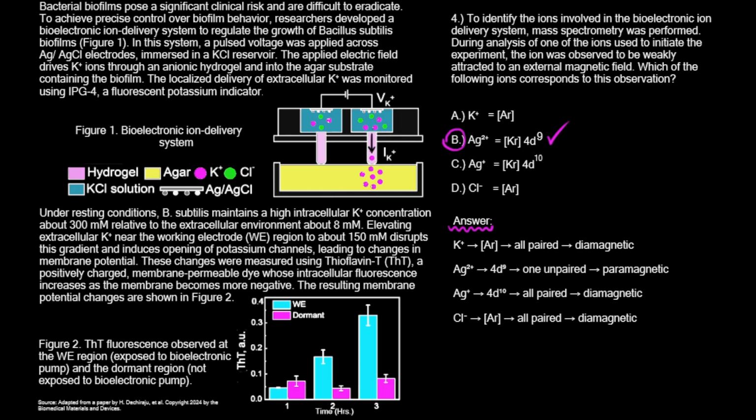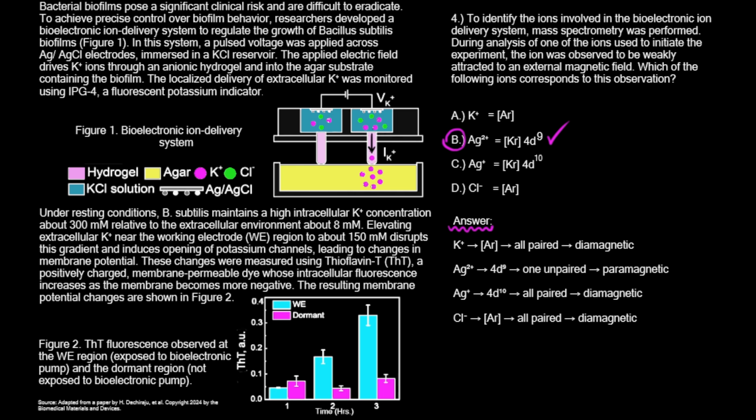Ag2+, however, loses 2 electrons. Removing 2 electrons from silver leaves a 4d9 configuration. A d9 configuration contains one unpaired electron, making it paramagnetic and therefore weakly attracted to a magnetic field.